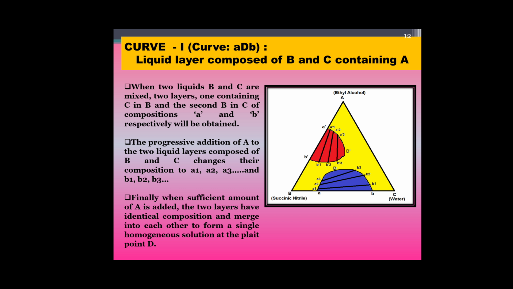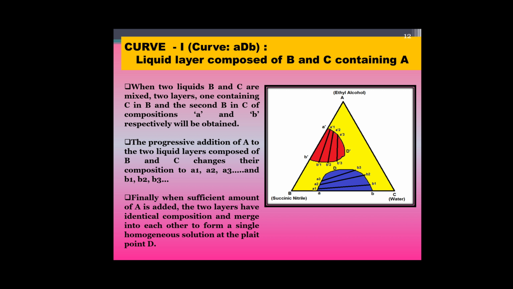Finally, when a sufficient amount of A, that is, ethyl alcohol, is added to the mixture of succinic nitrile and water system, then the two layers have identical composition and merge into each other.